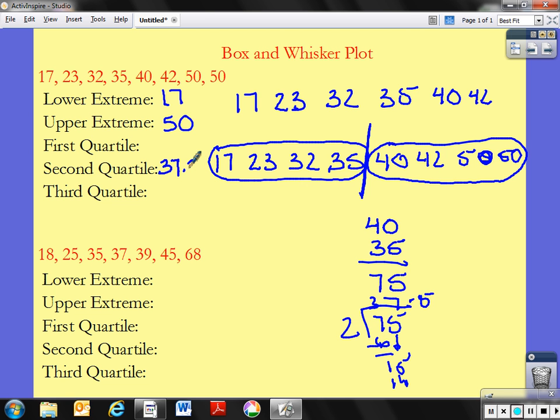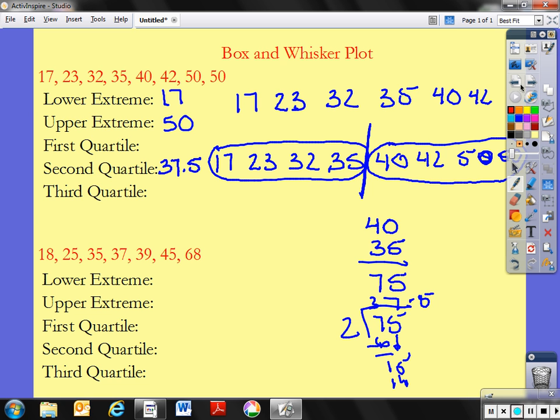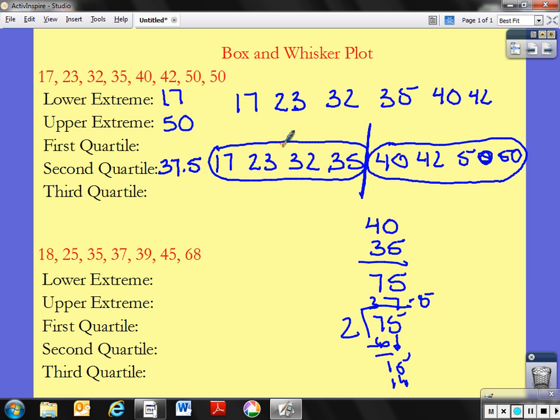Now when I go to find my first and third quartile, I have to find the median of the lower half and upper half. I'm looking in between here for the first quartile, and between here for the third quartile. I'm going to do the same thing I did over here. I take these two, because they're in the middle of that first half, 23 plus 32, which gives me 55.